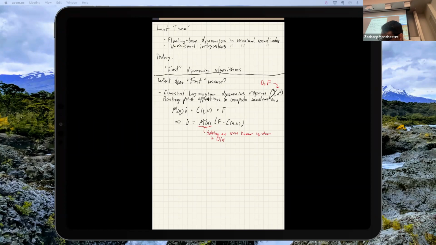If you write this down in the naive standard way, you have to invert the mass matrix, and therefore you're solving an n by n linear system, which is order n cubed. This assumes that it's a dense matrix, which is usually the case in minimal coordinates. That's all there is to it. It's a dense matrix, and you have to invert it.